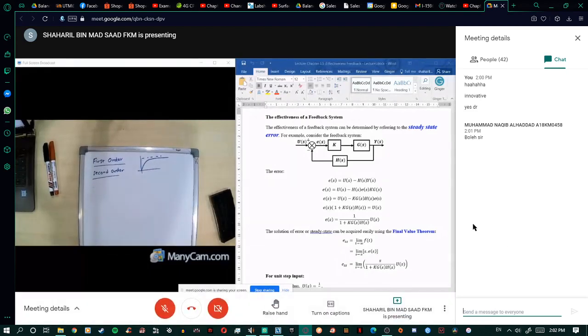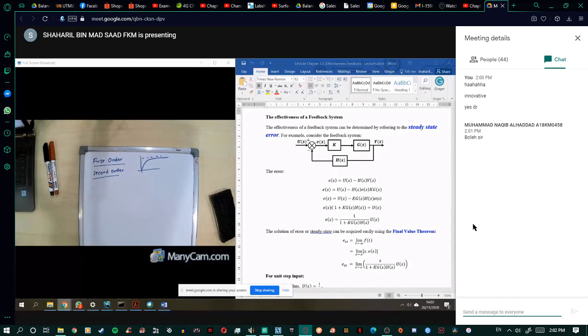Then for the second order, we have learned this kind of graph. The second order has three graphs, depending on your damping ratio, right? Whether your damping ratio is less than one, equal to one, and so on. For damping ratio equal to one, we get this kind of graph.